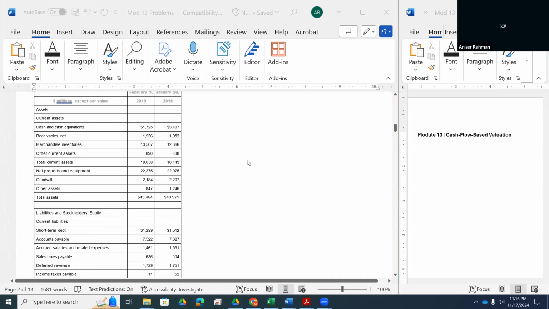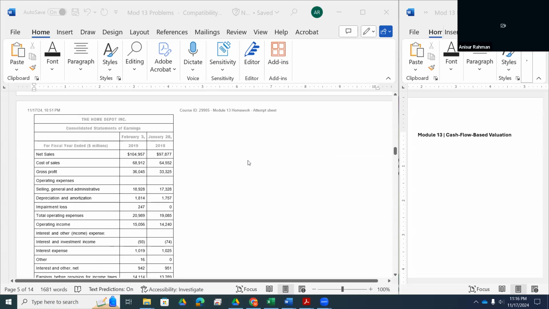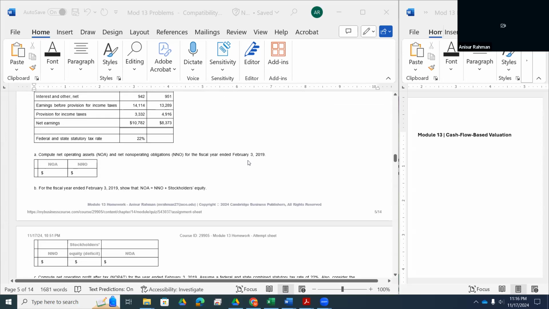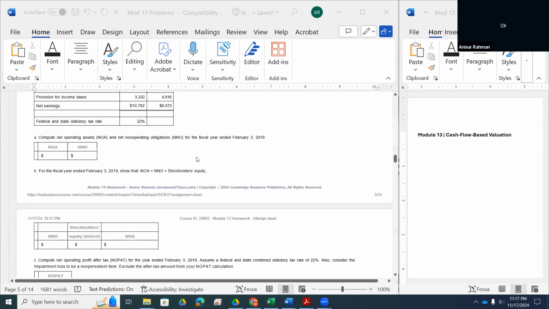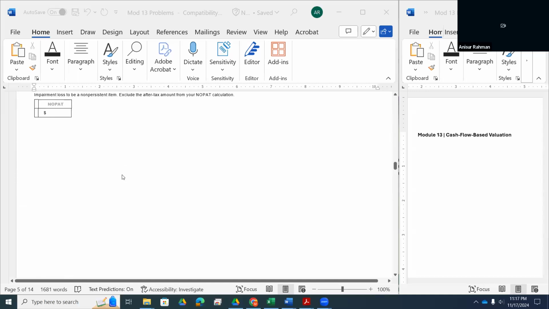This is our balance sheet. This is our statement of earnings, or statement of income. So we have to compute net operating assets, net non-operating obligations, and a few other questions here.